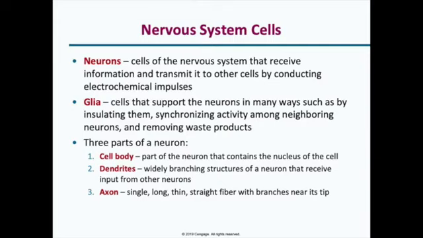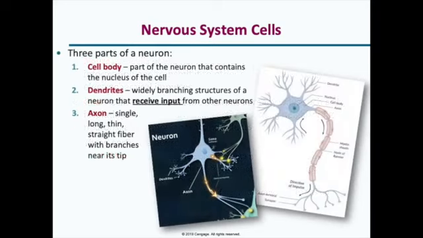A neuron consists of 3 parts: a cell body, dendrites, and an axon. The cell body contains the nucleus of the cell. Slide 4. The dendrites, from a Greek word meaning tree, are widely branching structures that receive input from other neurons.